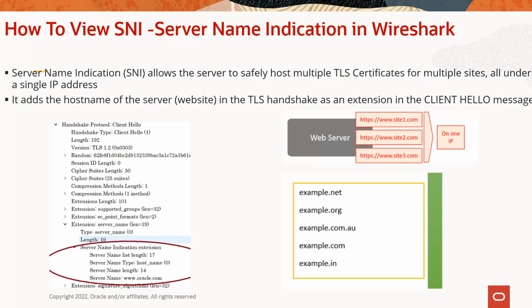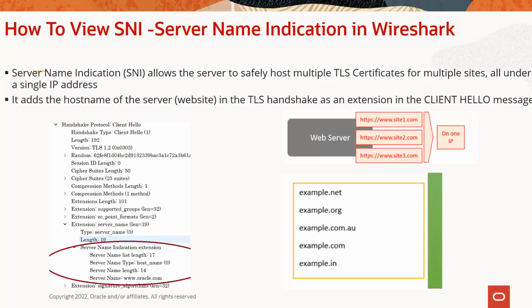Maybe in 11G and 12.1, we don't have that SNI information which goes in the client hello packet. So when you make a UTL HTTP connection, the server is hosting many sites.